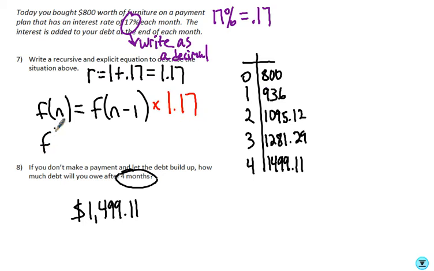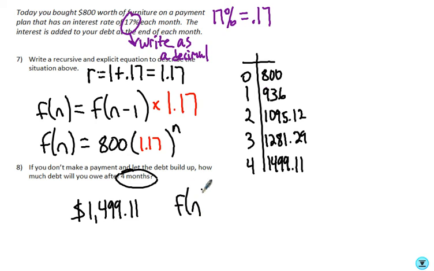Well, take where you start, which in this case was 800, and we're multiplying by 1.17. And then how many times do we want to do that? It depends upon how many months you want, so we'll do that to the n, because remember, we use exponents for repeated multiplication. So the explicit is 800 times 1.17 to the n.